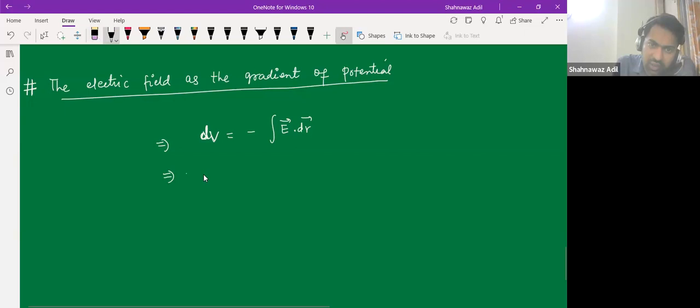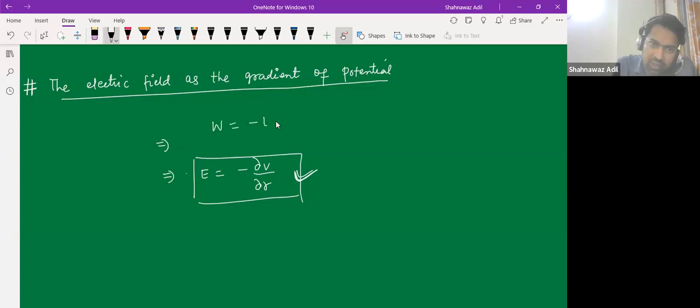So this we can write as minus dV by dr, which is minus E dot delta r.